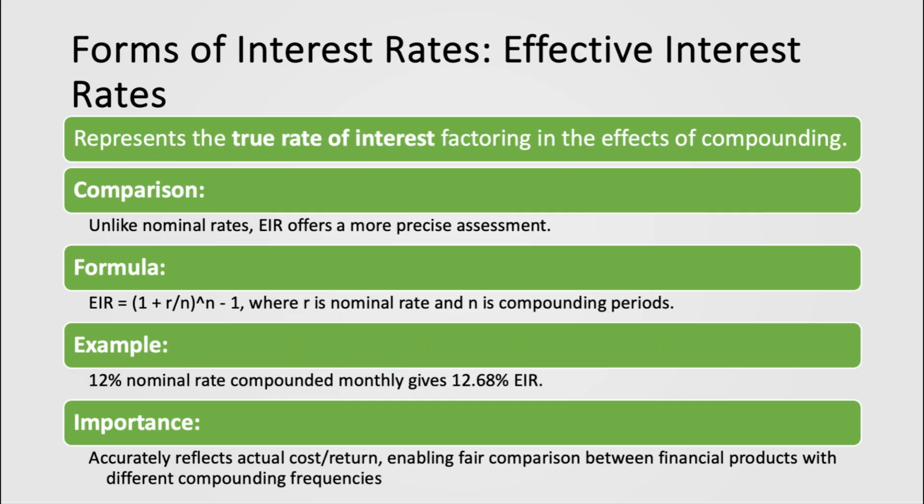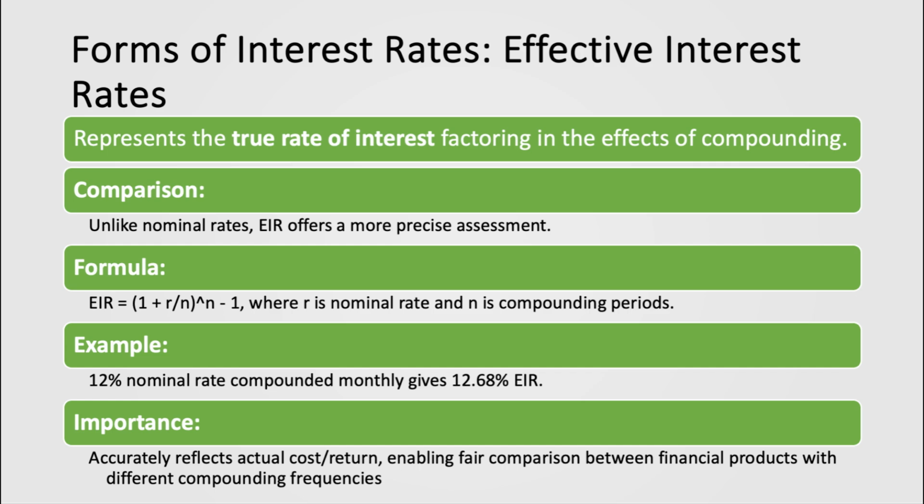The effective interest rate represents the true rate of interest once we factor in the effects of compounding. Unlike the nominal rate, which is just the stated rate, the EIR gives us a clearer and more precise picture of the actual cost of borrowing or the actual return on an investment.